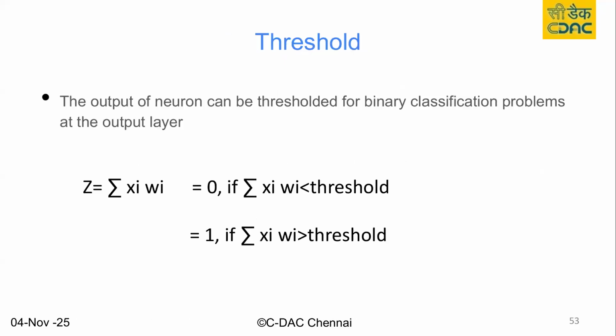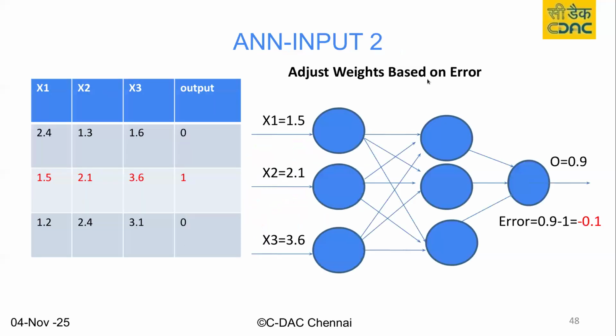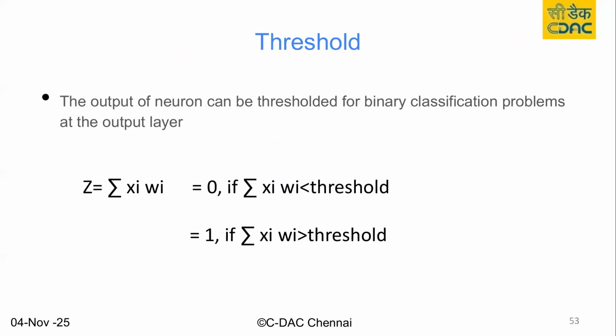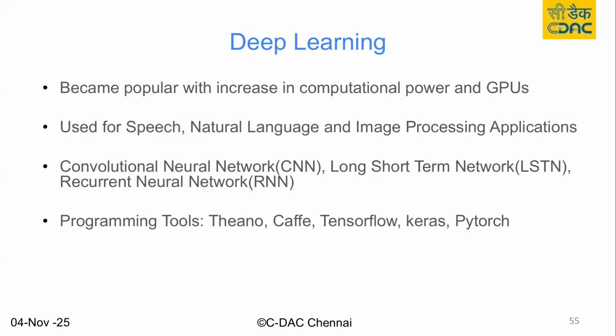I have shown you a 3-layer neural network. With the advent of GPUs, there are 121-layer and 220-layer neural networks, so deeper neural networks came into picture, and that led to an increase in accuracy of many machine learning models.